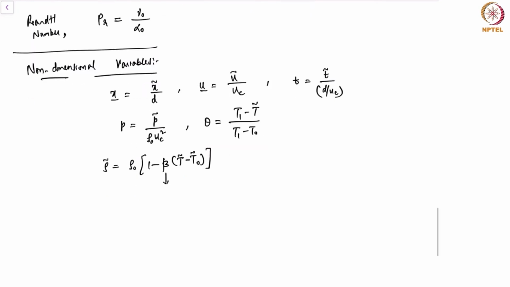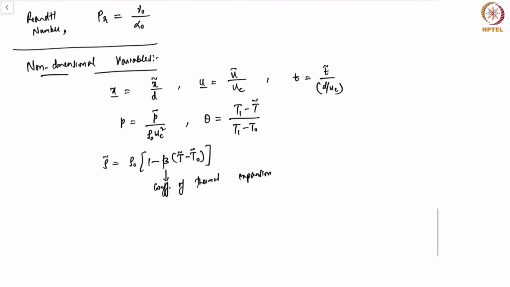This beta is called the coefficient of thermal expansion. So if the fluid locally expands because of local heating, a local increase in temperature, then the local density would decrease. And the sensitivity of the density field to the temperature field is given by this parameter beta.